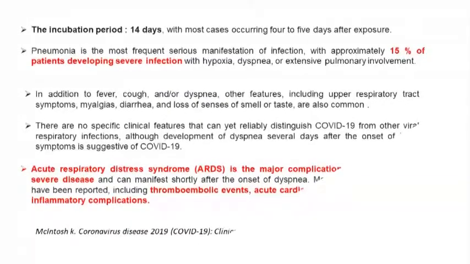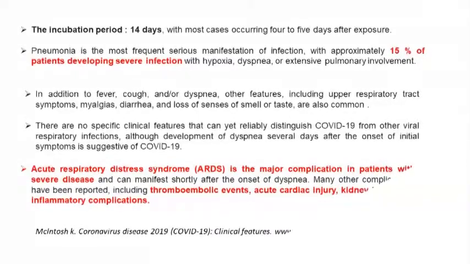Acute respiratory distress syndrome is a major complication in patients with severe disease, and it can manifest shortly after the onset of dyspnea. And we have also many other complications like thromboembolic events and acute cardiac injury, acute kidney injury, and inflammatory complications.